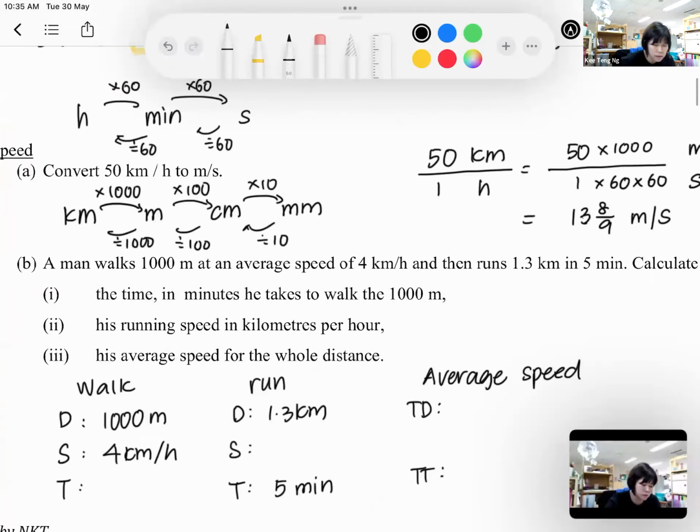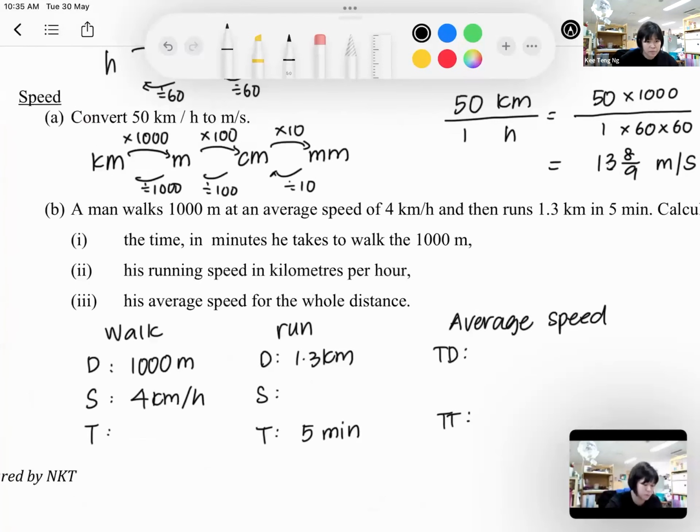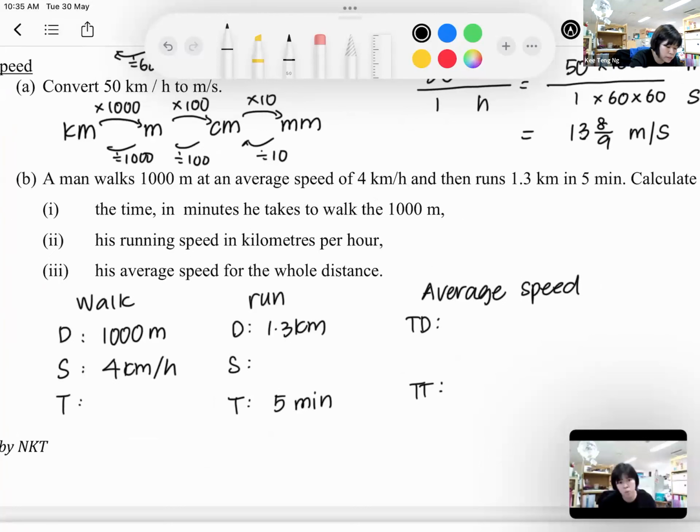Okay. Next part, this one, distance, speed, and time. So walking, 1000 meters. Take note of the units. The units here is kilometer per hour. There is meters. So we need to change this into 1 kilometer. So must make sure the units match with one another. Then after that, I want to find the time taken in minutes.